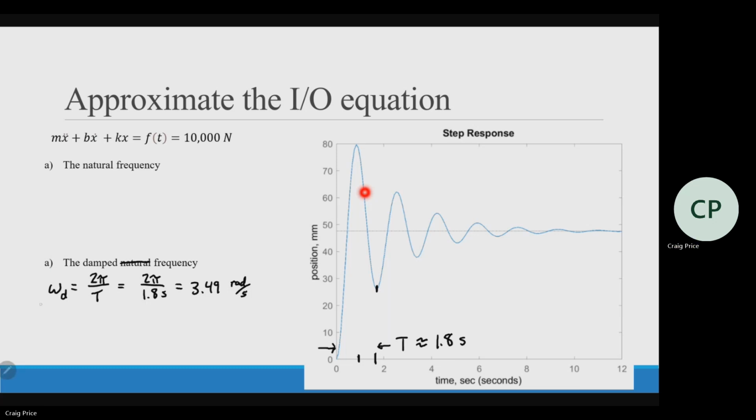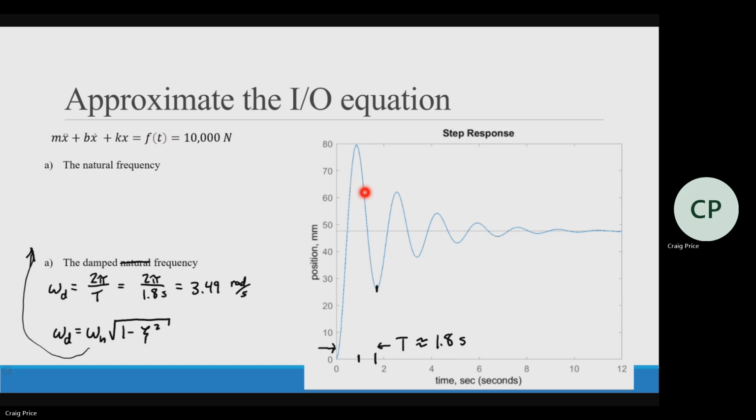Now, damped frequency is on the equation sheet equal to natural frequency times square root of 1 minus zeta squared. So we can then solve for the natural frequency, which will, once I have that natural frequency and the damping ratio, then we can really work on what this equation should look like.